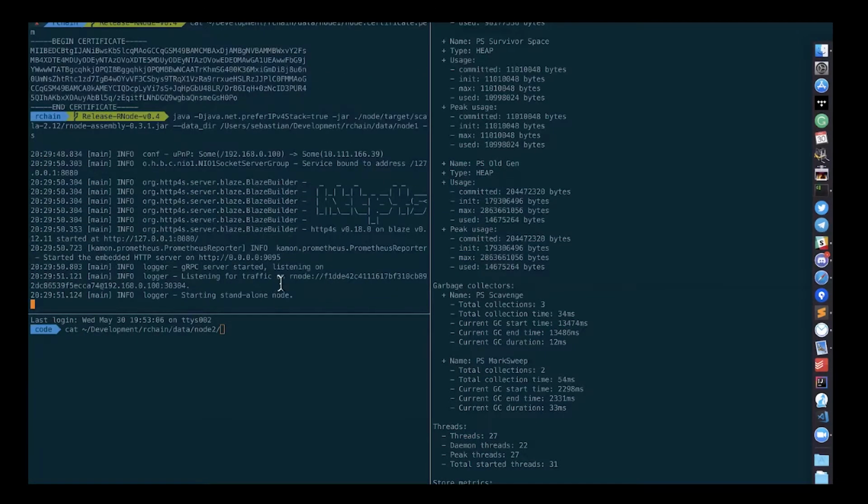Okay, so here is our node address. In previous versions, like .3, this was some arbitrary random address, or you could provide it by an option on startup. But now it's actually an address generated from the public key of the certificate.